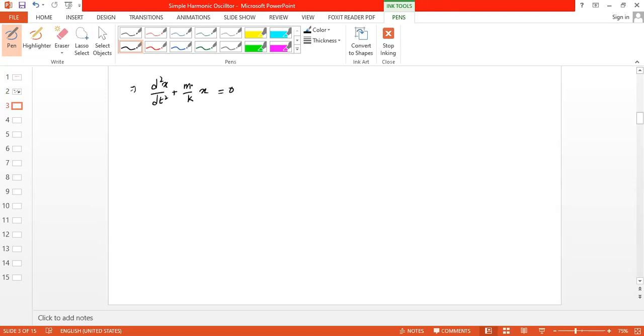Here m is the mass of the object and k is a constant, the spring constant or force constant. Let's name k over m as omega square. So you can write this as d square x over dt square plus omega square x equal to 0. So we get this kind of equation, and this is a differential equation.